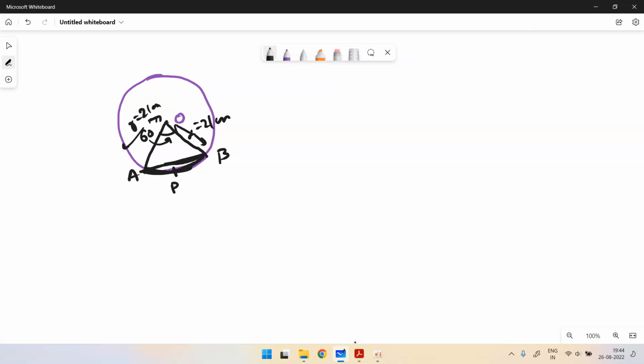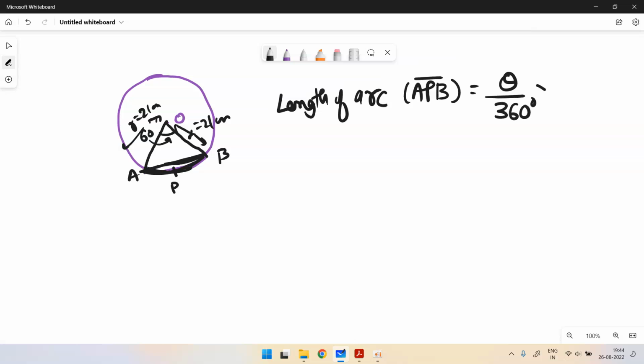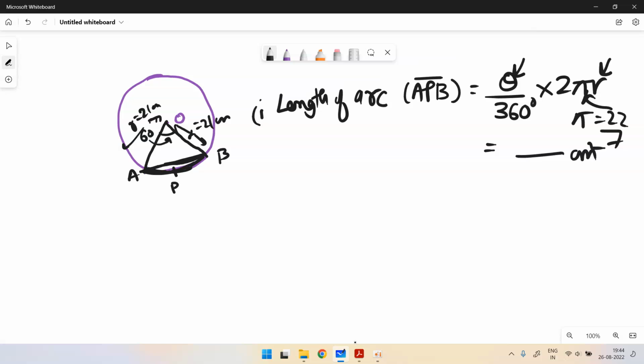You need to find the length of arc APB. The length of the arc is theta by 360 degree into 2 pi r. Put theta 60 degree, r 21 centimeter, pi as 22 by 7, and you will get the value easily.